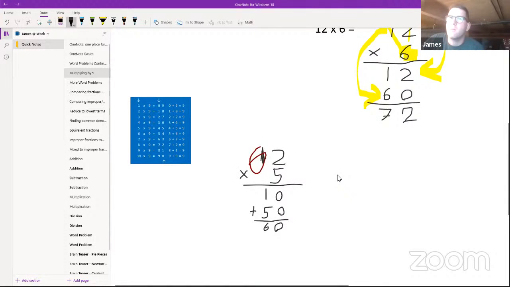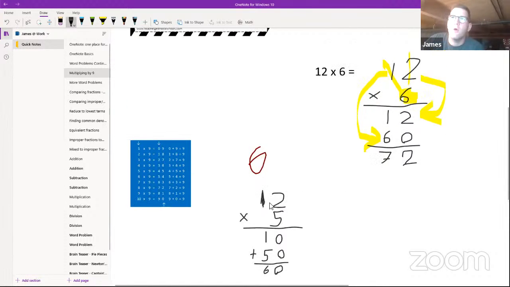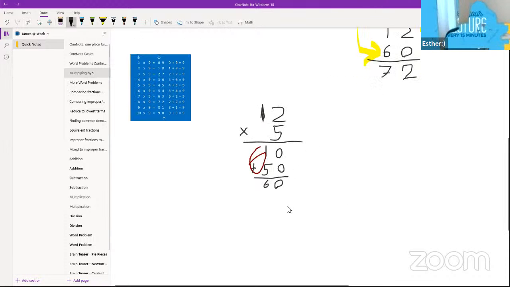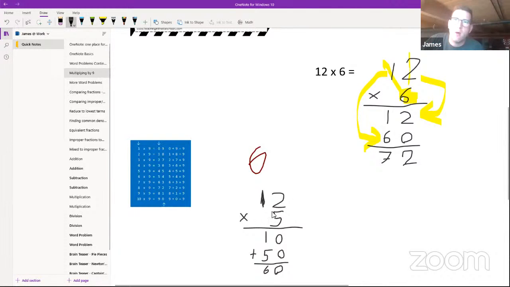Okay, yeah, the addition. So what I did here is I kind of split this apart. I kind of said that, okay, 12 equals 10 plus 2.